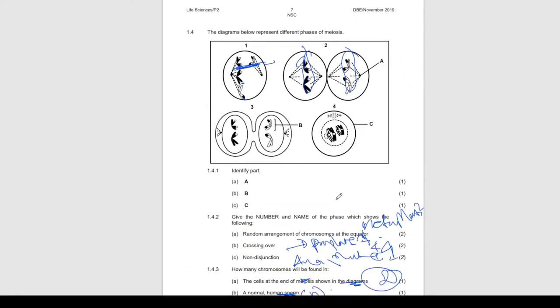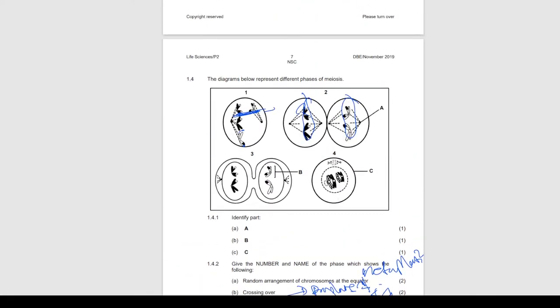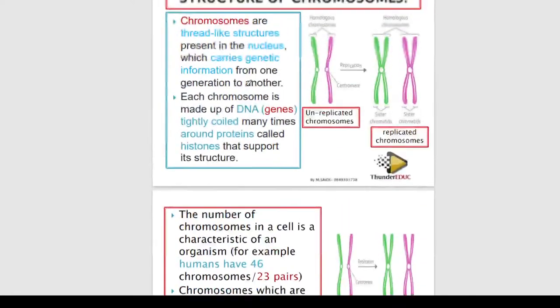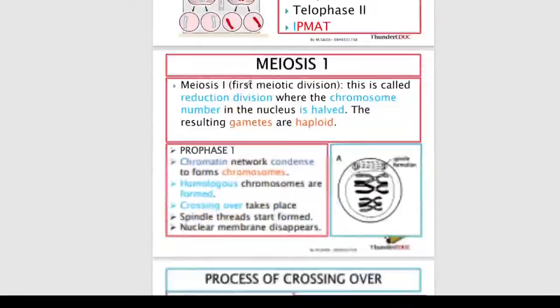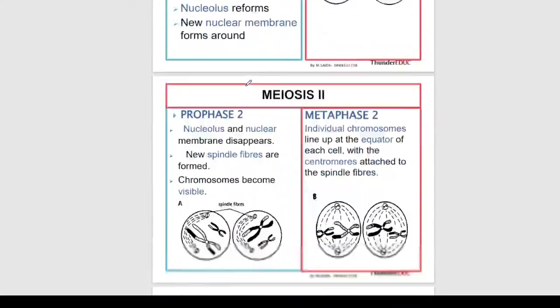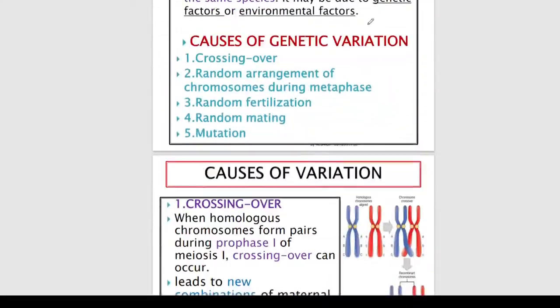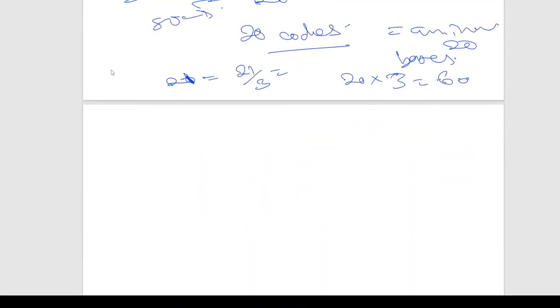He's asking, how do I identify the phase? You have to identify the phase using the process of IPMAT, the way I said it here. IPMAT means prophase, metaphase, anaphase, telophase.